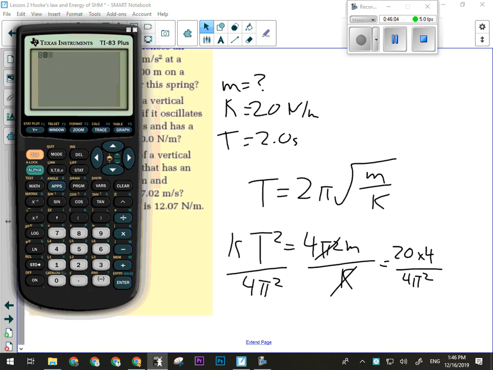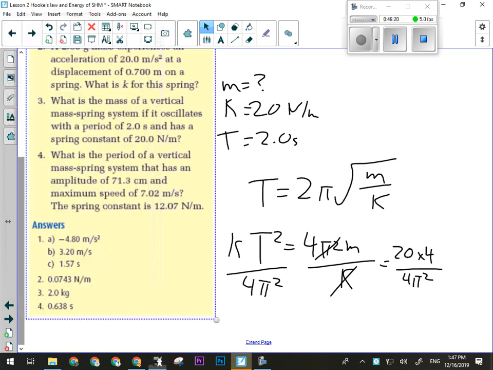So 80 divided by 4 pi squared, and I need to put that in brackets. So the mass here is 2.03 kilograms. Actually, we only have 2 significant figures, so it's 2.0 kilograms.